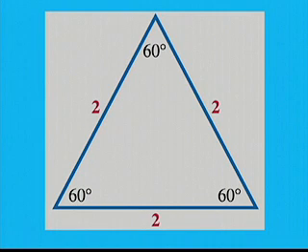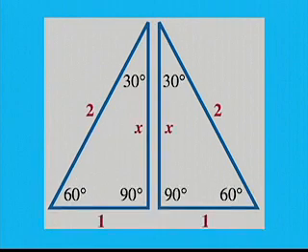All three angles are 60 degrees, and all three sides are equal to 2. If I drop a perpendicular from the angle at the top and divide it into two triangles, you'll see that the two triangles are congruent. They are what we call a 30, 60, 90 triangle.